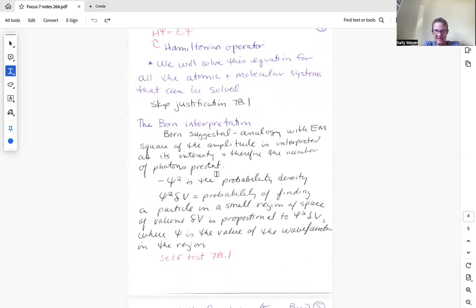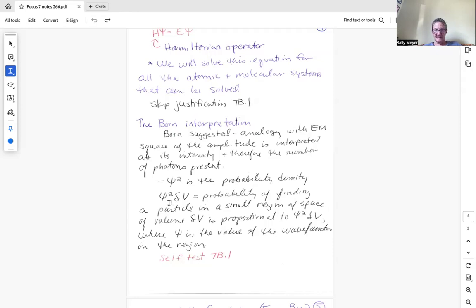And Born suggested that, analogous to electromagnetic radiation, the square of the amplitude is interpreted as its intensity, and therefore the number of photons. So it should be the same situation when you think about a system's wave function. Psi squared from electromagnetic radiation tells you the intensity, and psi squared from quantum mechanics is going to give us a probability distribution.